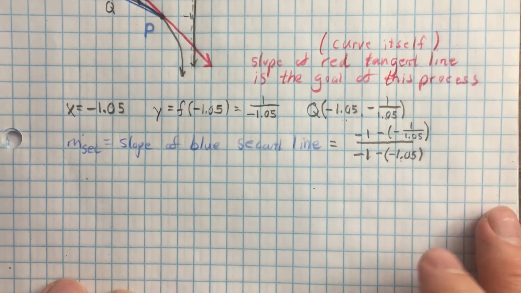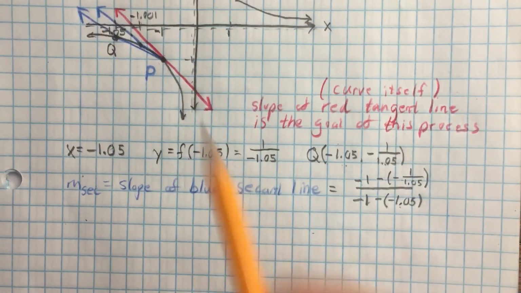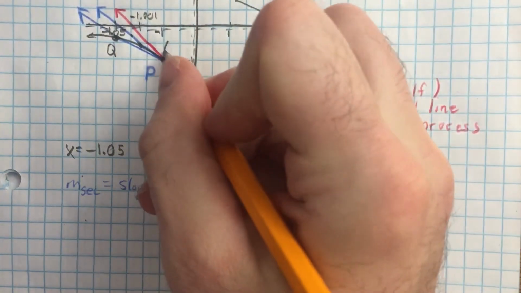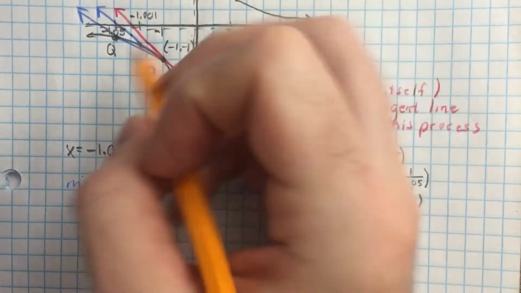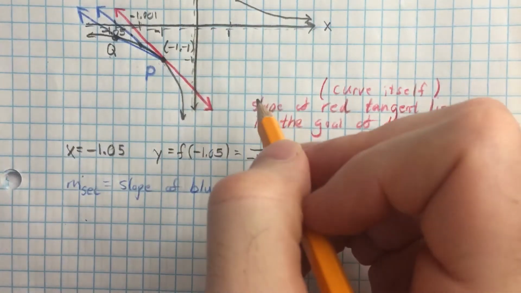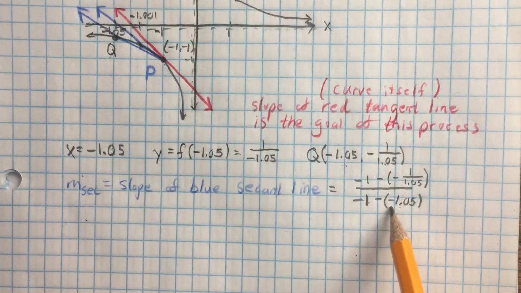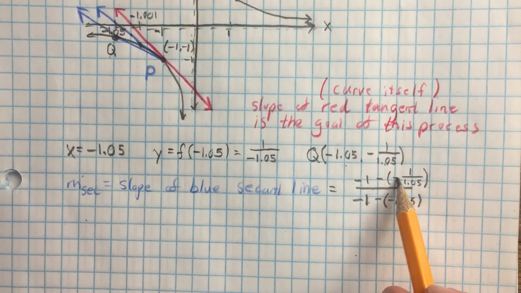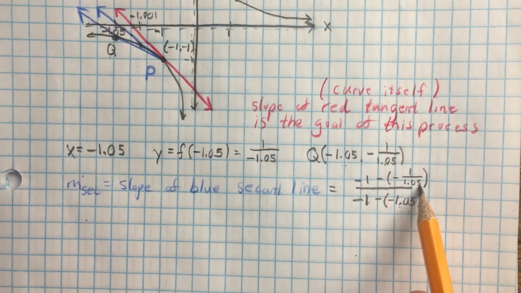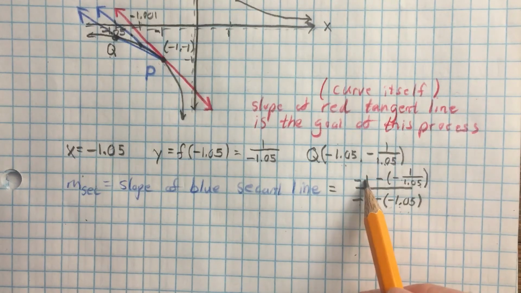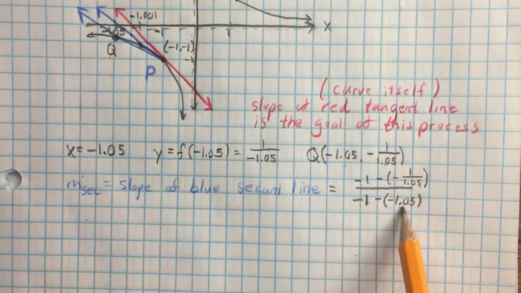For particular points, P, negative 1, and Q. And Q is changing all the time. But our first location is negative 1.05, negative 1 over 1.05, and P was negative 1 comma negative 1. Y2 minus y1, x2 minus x1.